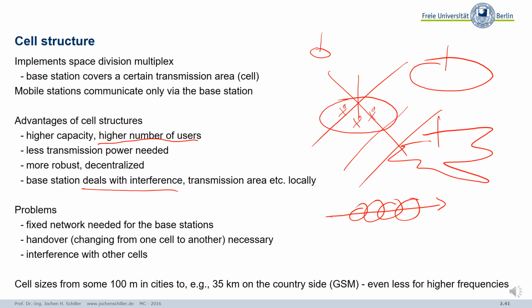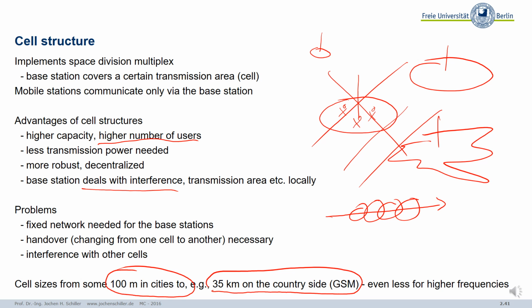Today we use these cellular systems. This is why in many countries it's called a cellular system, with some small cells of 50 or 100 meters radius. On the countryside, with less population, it's something like 35 kilometers for GSM, the maximum distance from a mobile phone to a base station.